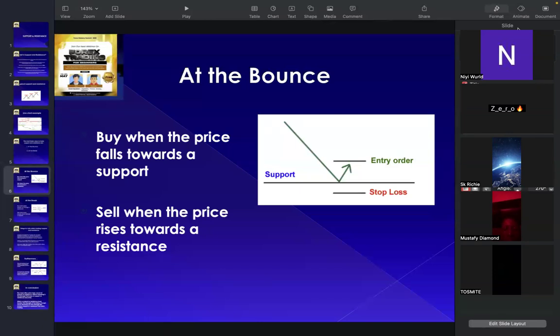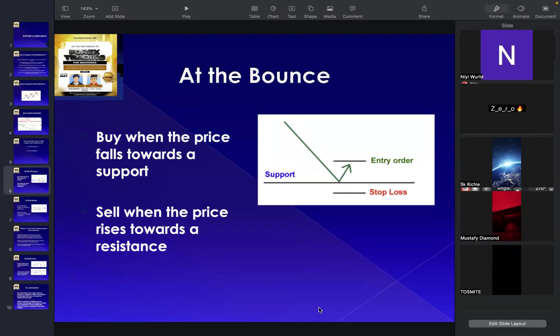So to continue, if you want to trade at the bounce, we all know what a resistance and support is now. Resistance is the level that indicates where market has pushed up to, while support is the lower level.